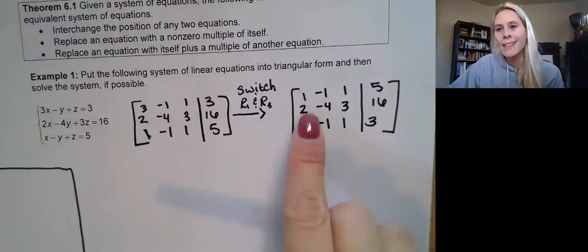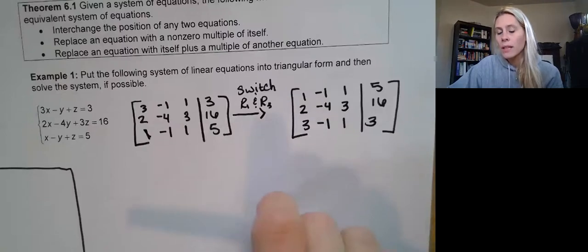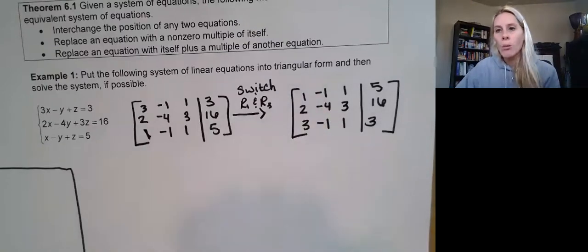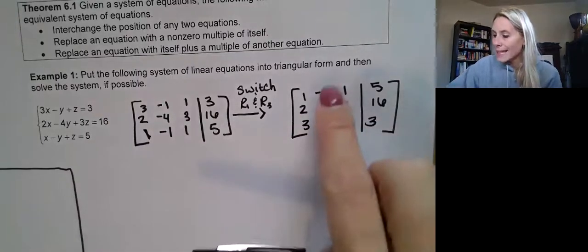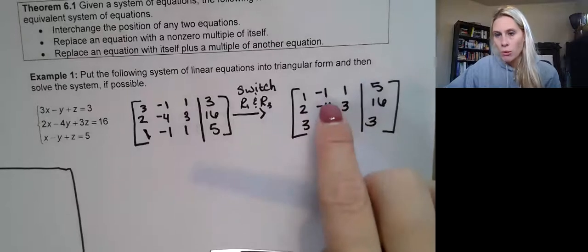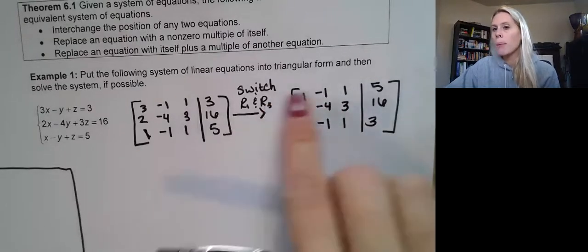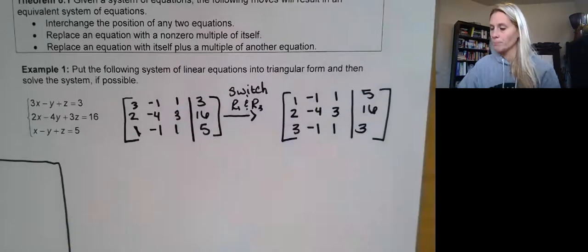In this position, I want a 0. How could I make that a 0? Well, we can multiply and eliminate. And if you look, the easiest thing to multiply would be this row. Now, by the way, every step we take now, this is our new row 1, row 2, row 3. So anytime I say row 1, it goes back to the matrix that we just came from, not this one.